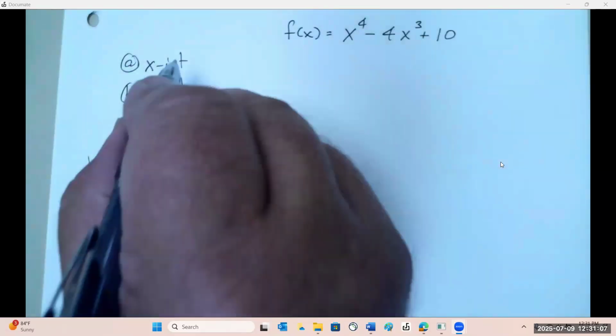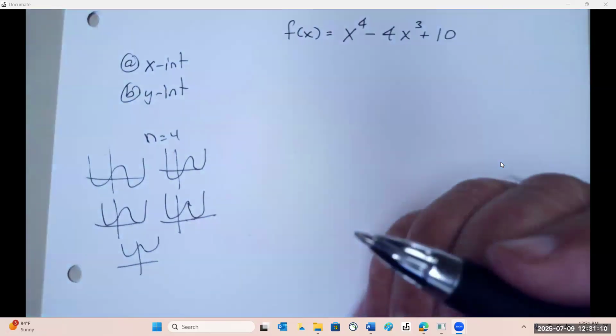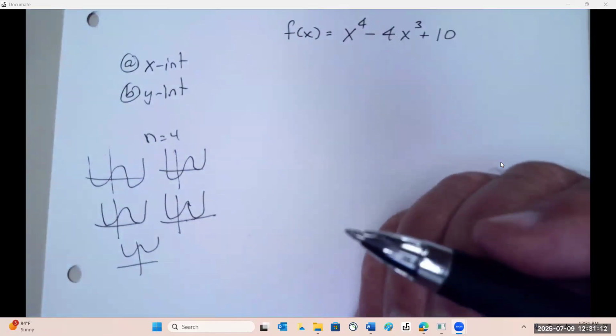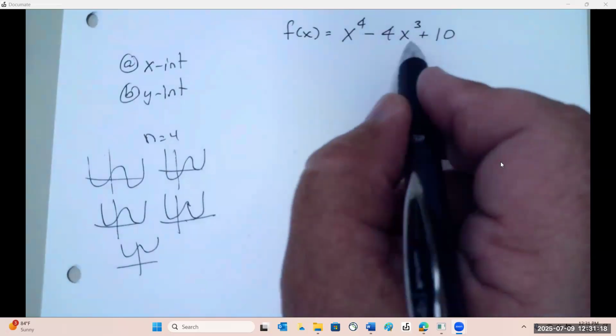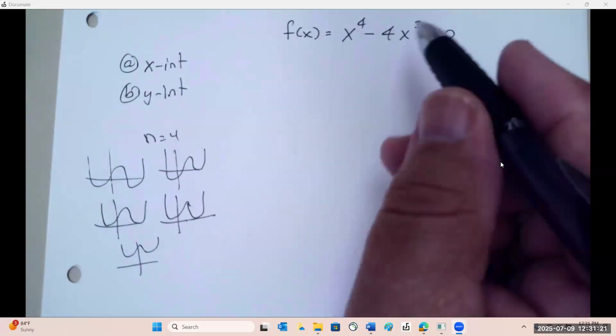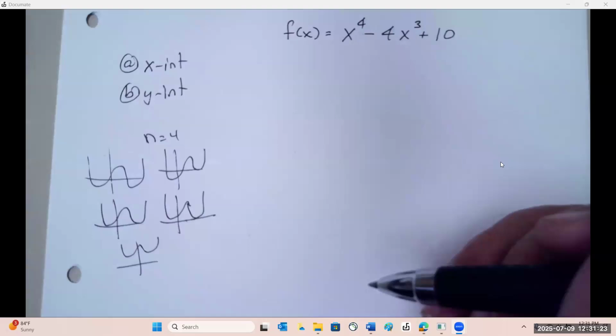All right. Do we know what the x-intercepts are? Can we figure it out? Yeah. Using Descartes' rule of signs, we're going to have two positives and no negatives. So here's what's going to happen.